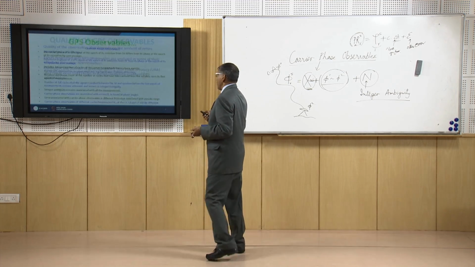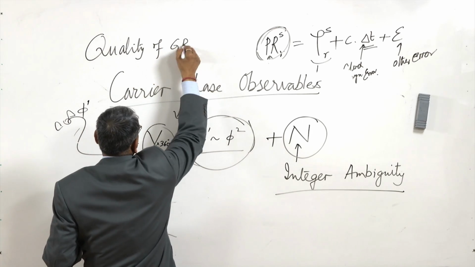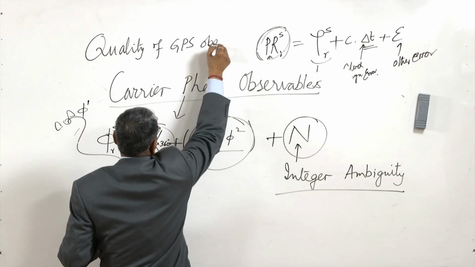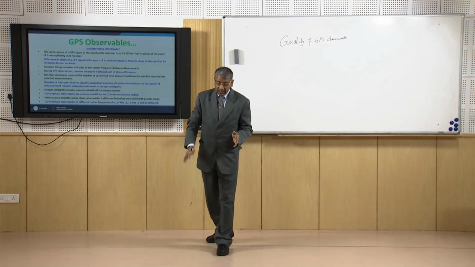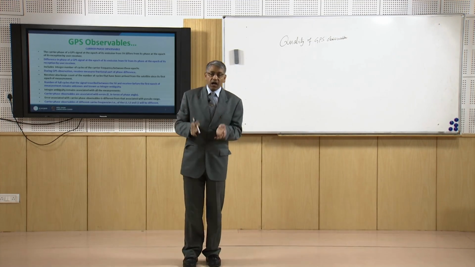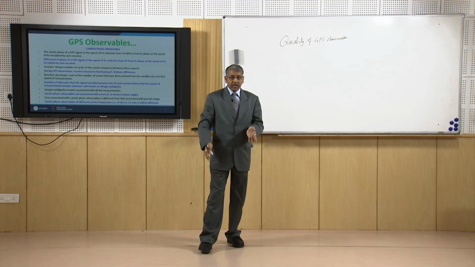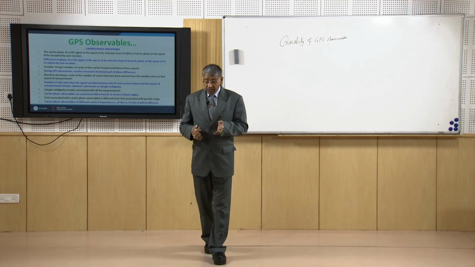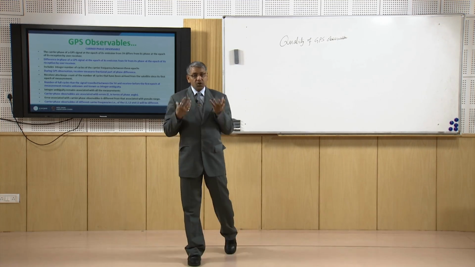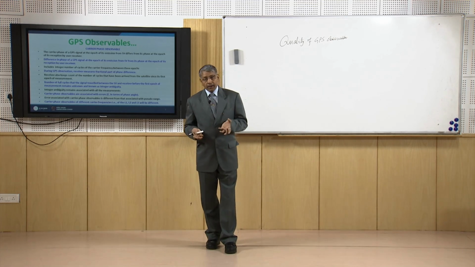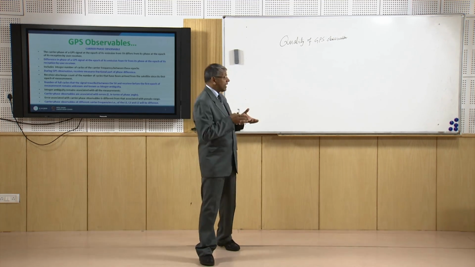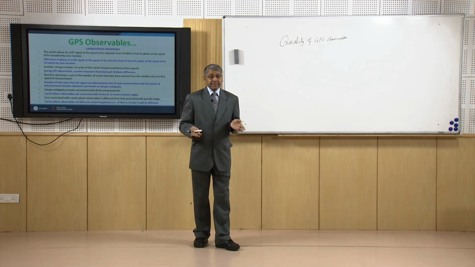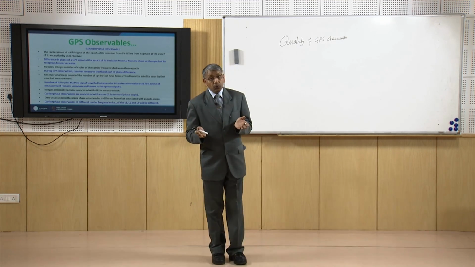Next, the quality of GPS observables. As I told you, the GPS observables are associated with errors. The amount of error that a GPS observable contains defines its quality. Lesser the error, better is the quality. So how do we quantify the quality?